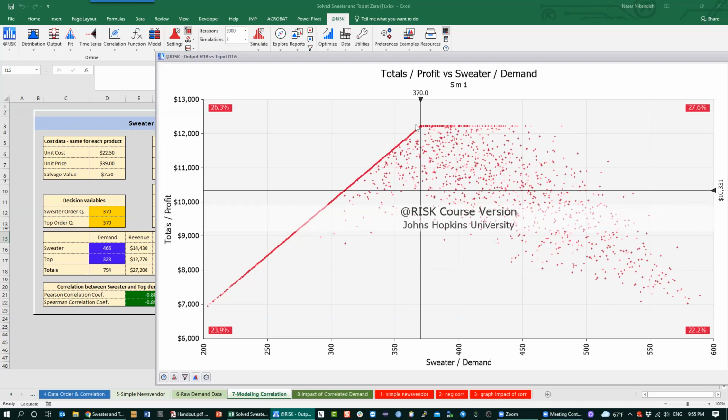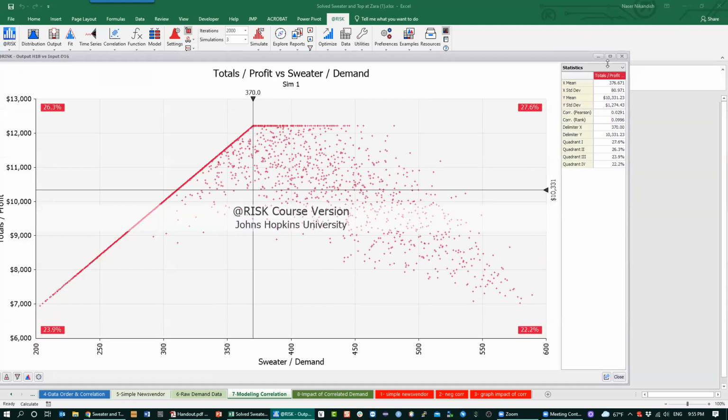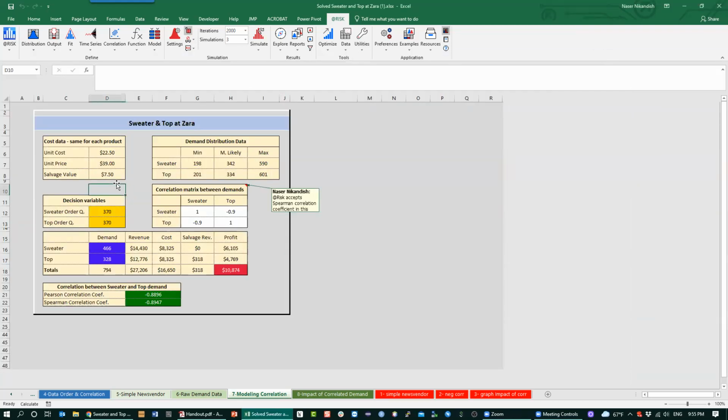Can we calculate that straight line manually? That's a little over 12,000. Yes, we can. So let me close this. I have two products that are technically identical, and on that line I'm selling both of them at 370 units. So it's 370 times the unit price minus the cost.